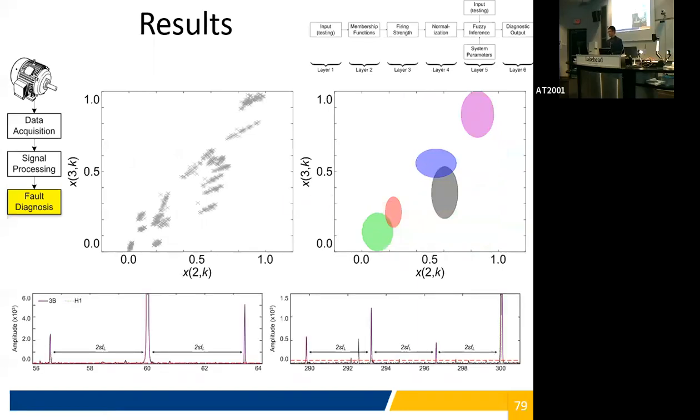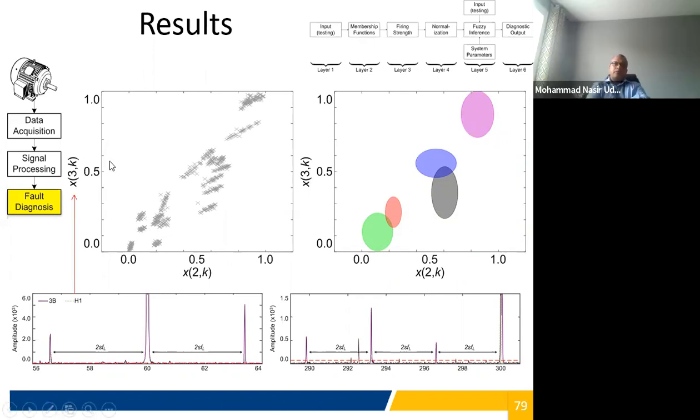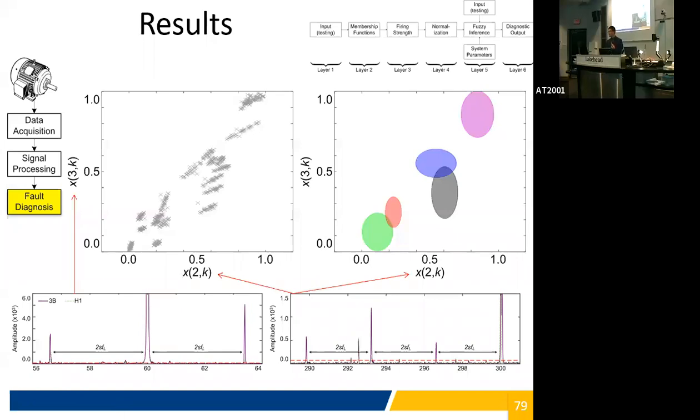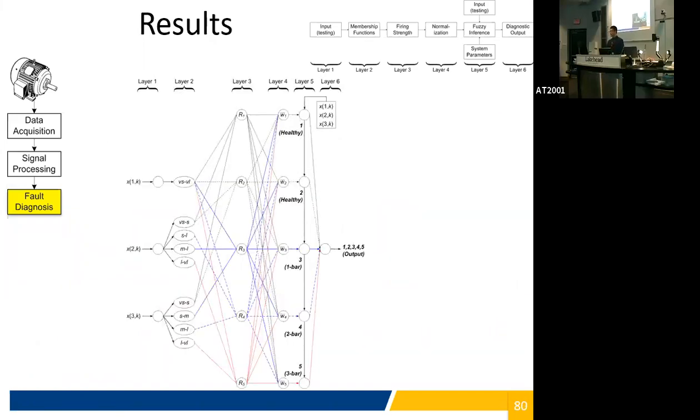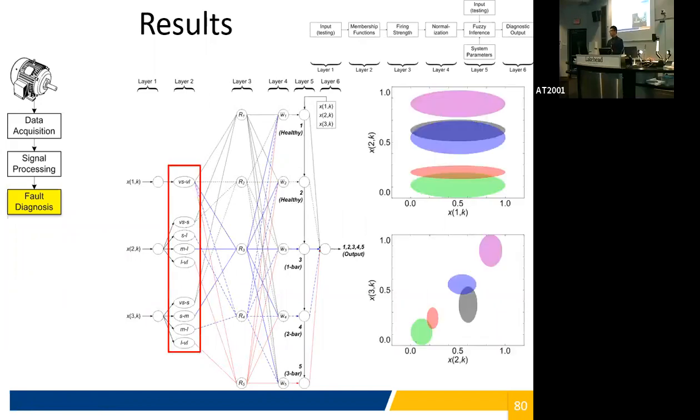In addition, I also took the sideband analysis and converted it to a fault index, as well as my own analysis, and input it all to the system. The resulting system is something like this. We use these membership functions to determine whether the range, so very small to small, is approximately 0 to 0.2, like approximate ranges.